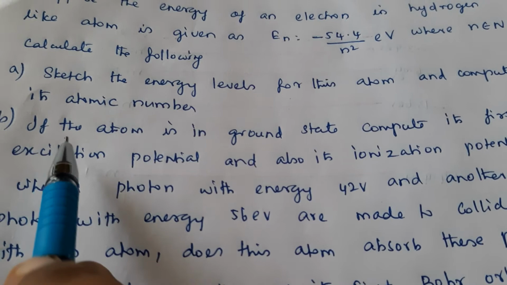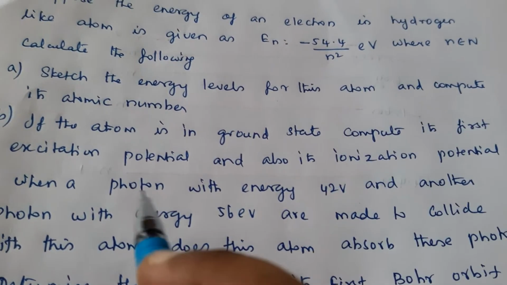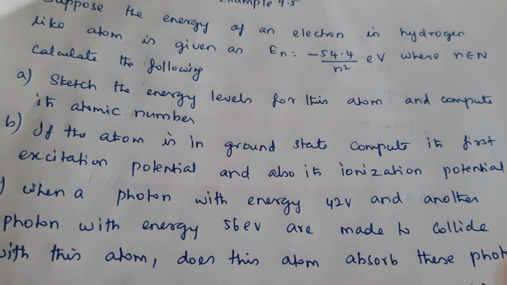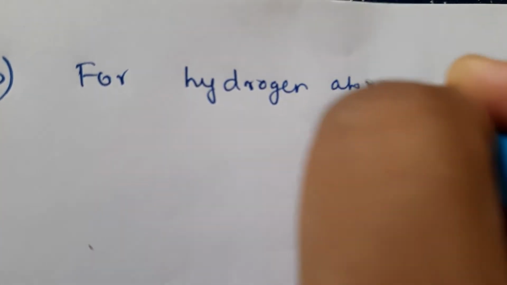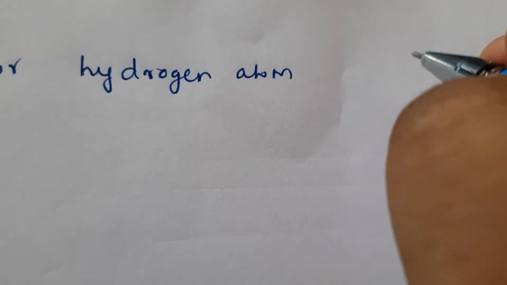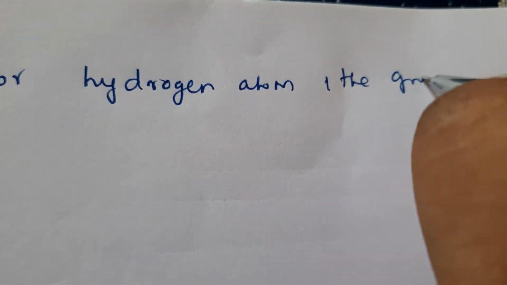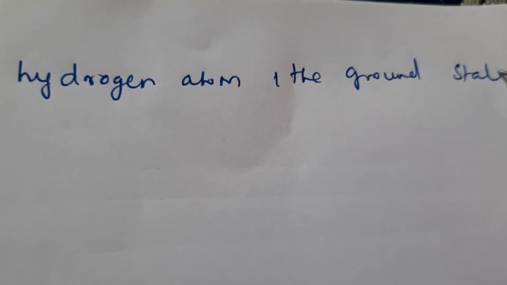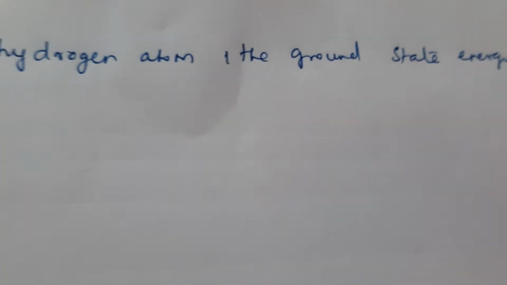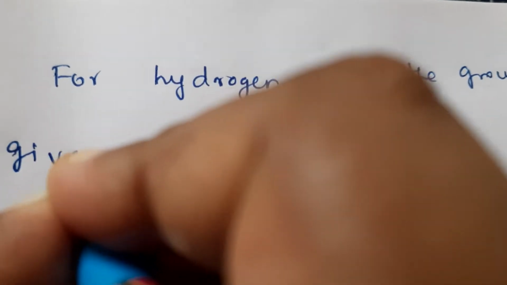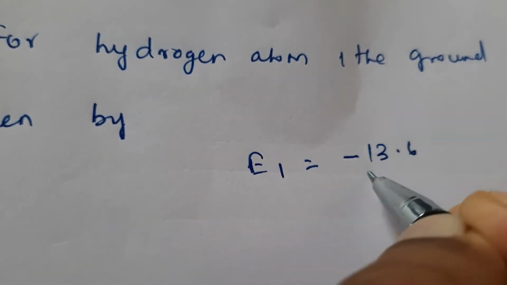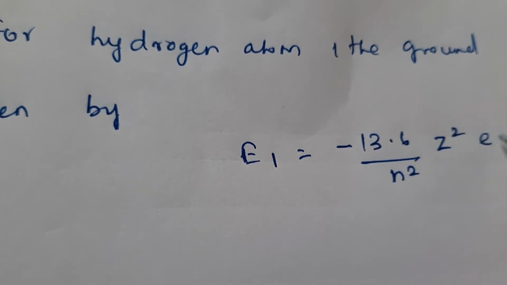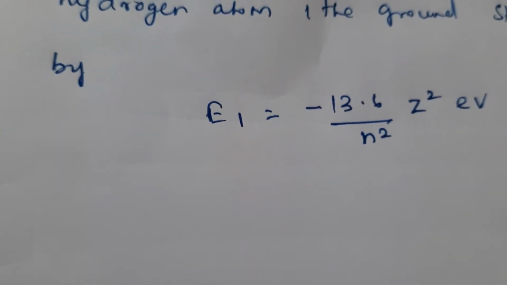Now we have to go for the second part of the question. If the atom is in ground state, compute its first excitation potential and its ionization potential. Now, for a hydrogen-like atom, the ground state energy is given by E1 = -13.6/n² × Z² electron volt.